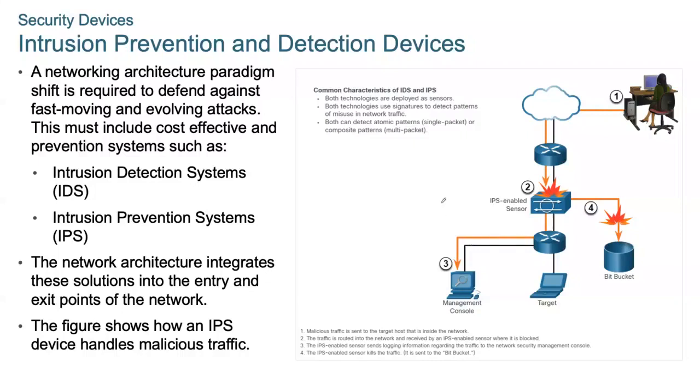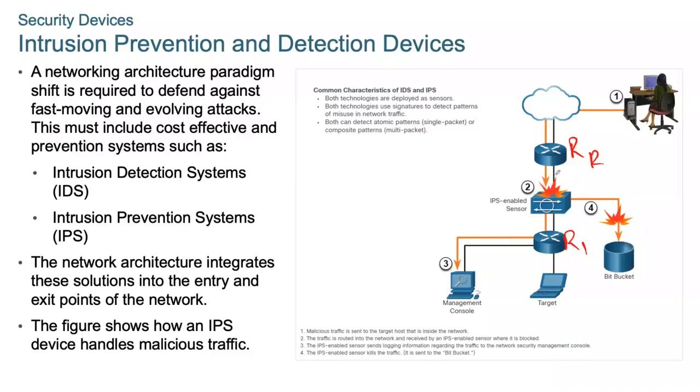So these intrusion prevention and detection devices are placed at the entry and exit point of your network. What is the exit point of this private network? The exit point is this router, suppose R1. What is the entry point for this network? The entry point is from this public network, whatever is coming in, suppose R2.